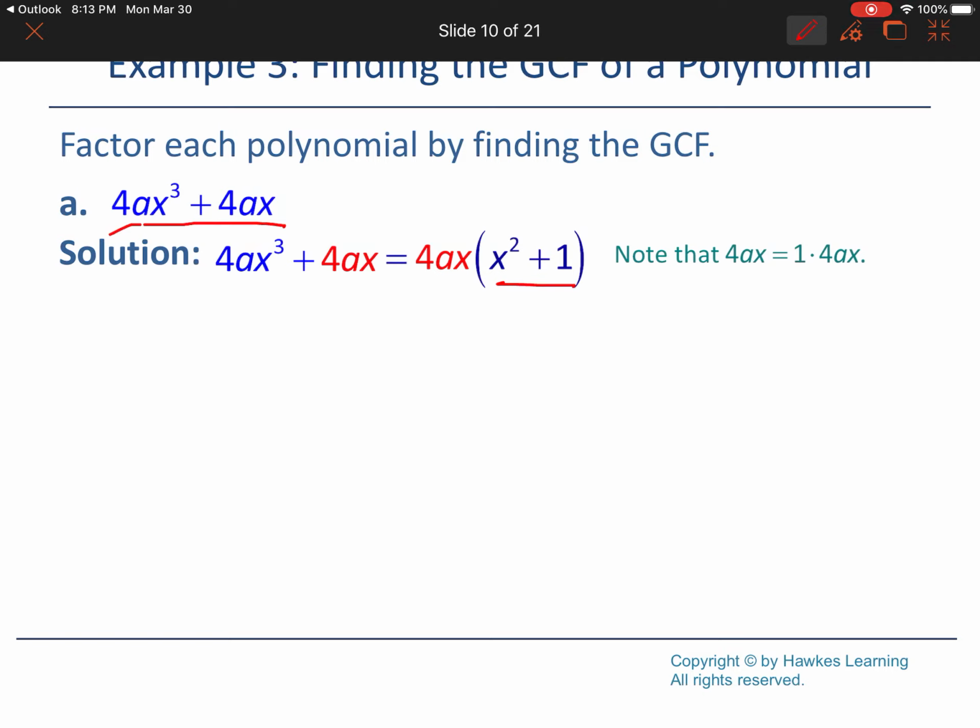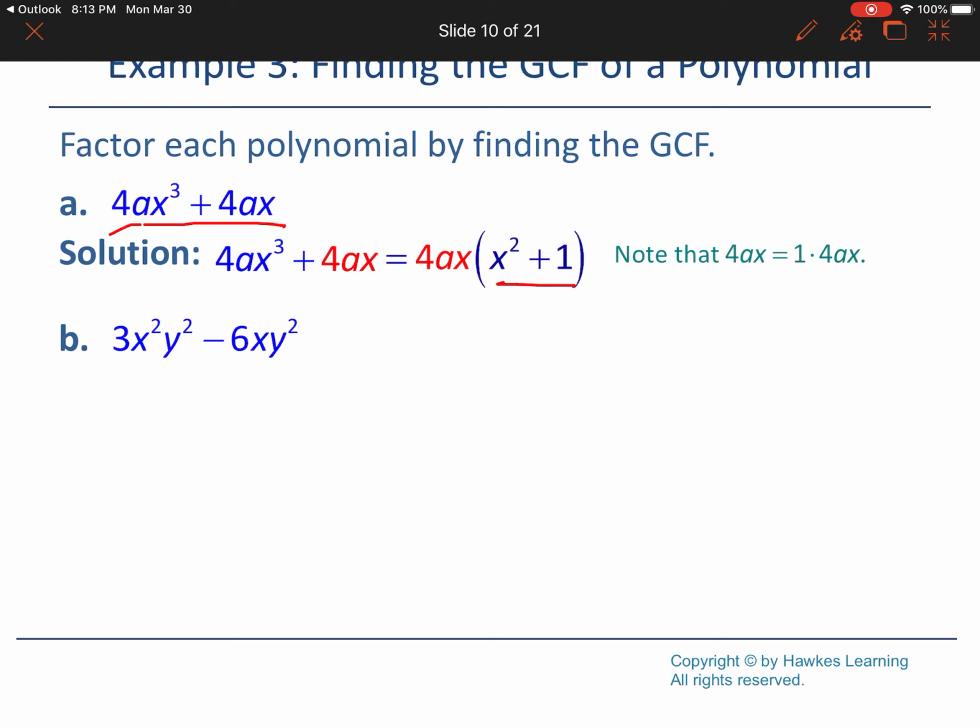So this has 2 terms, this has to have 2 terms. Every term has to be represented here, because when I multiply it back out, it has to get me back to where I started, right? So even though it looks like I'm taking the whole 4ax, it's not a 0 that's left, it's a 1, because you divide. And if you think about this as dividing 4ax out, then it helps you remember that that's left as a 1.